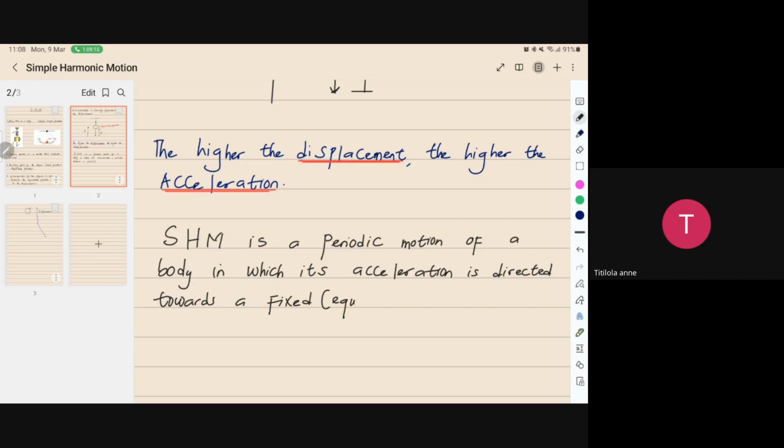What is that fixed point? The fixed point is your equilibrium position. And it is proportional to the displacement from its equilibrium position.